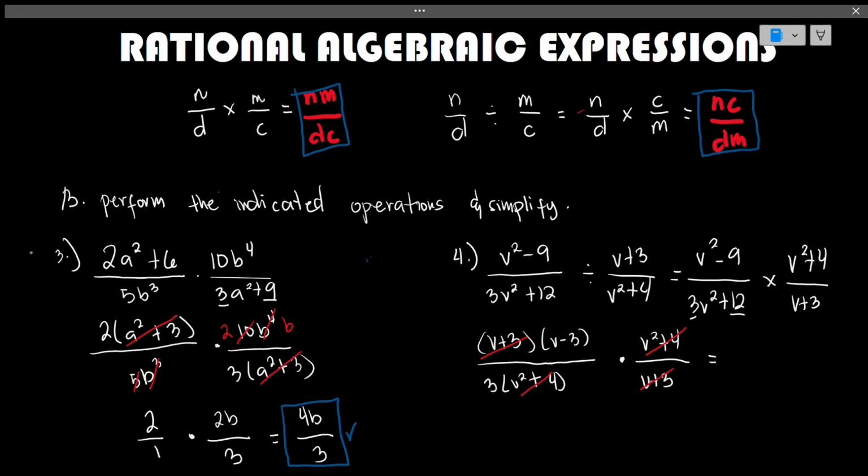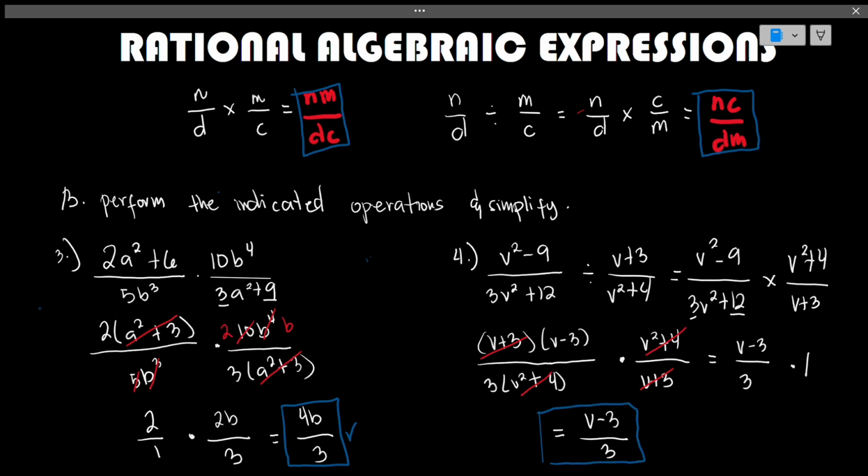So we have v minus 3 all over 3 times, since we're able to cancel everything here, that will become 1. Therefore, the final answer for this is v minus 3 all over 3. Then let's box our final answer. That's it.